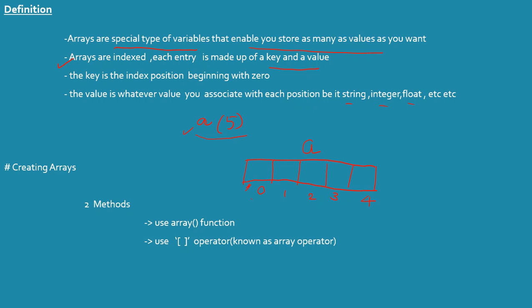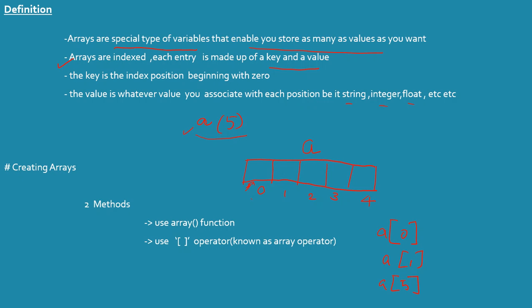The very first location which is part of the array can be uniquely addressed as A of 0. The second location is A of 1, and the fifth location is A of 4.